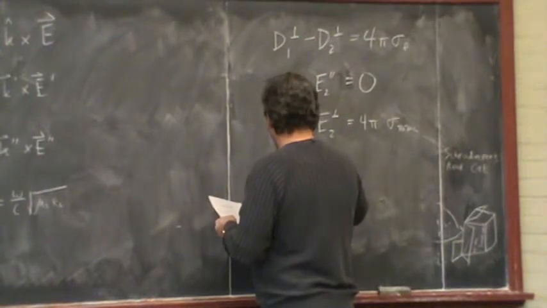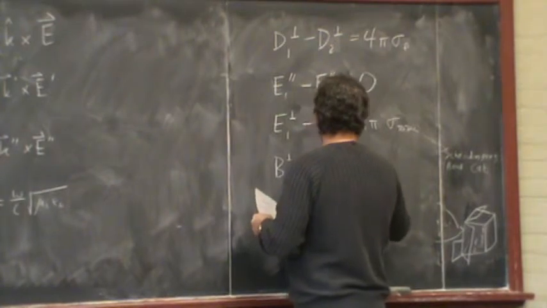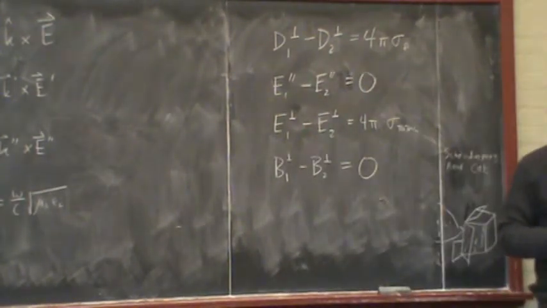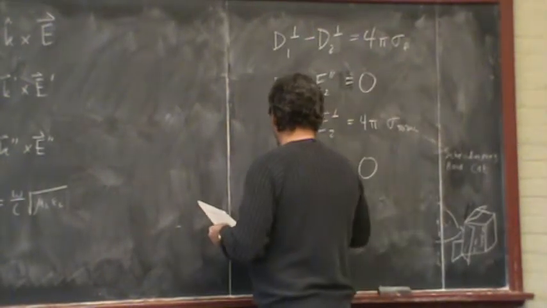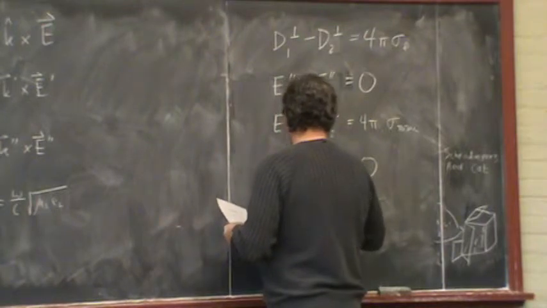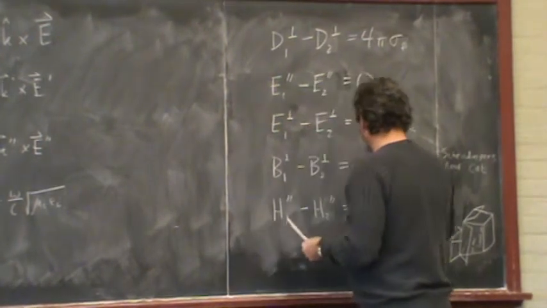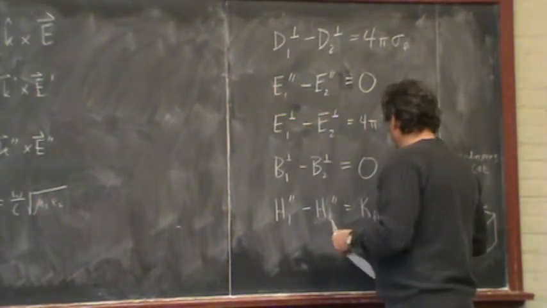B1 perpendicular to the surface minus B2 perpendicular to the surface must be 0. And H1 parallel minus H2 parallel is equal to K free.